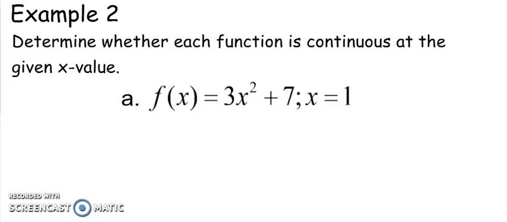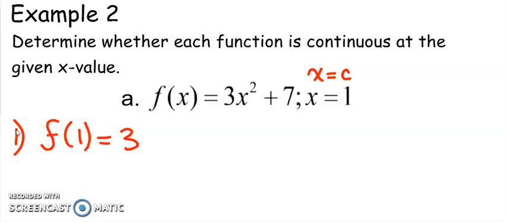So let's start with a. First off, the first step is that f of c must exist. If you look at this part here, x equals c is x equals 1, so c is 1 for this problem. So here, we'll do f of 1, substituting it into the function.